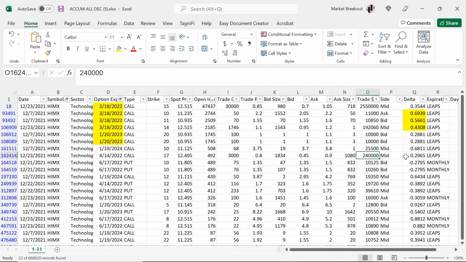Again, this is a good number. $2.5 million. Yeah. We see accumulation. Some put. Yeah, the small opening.